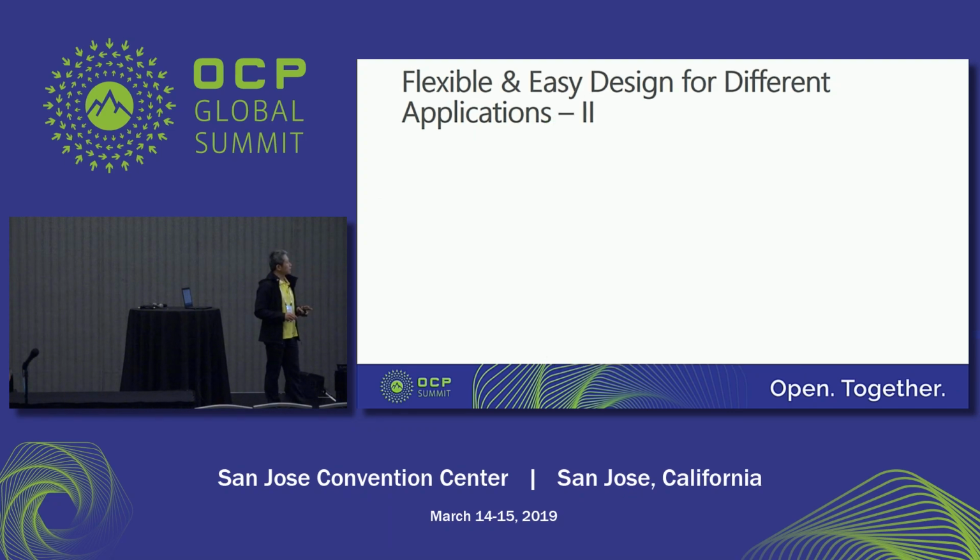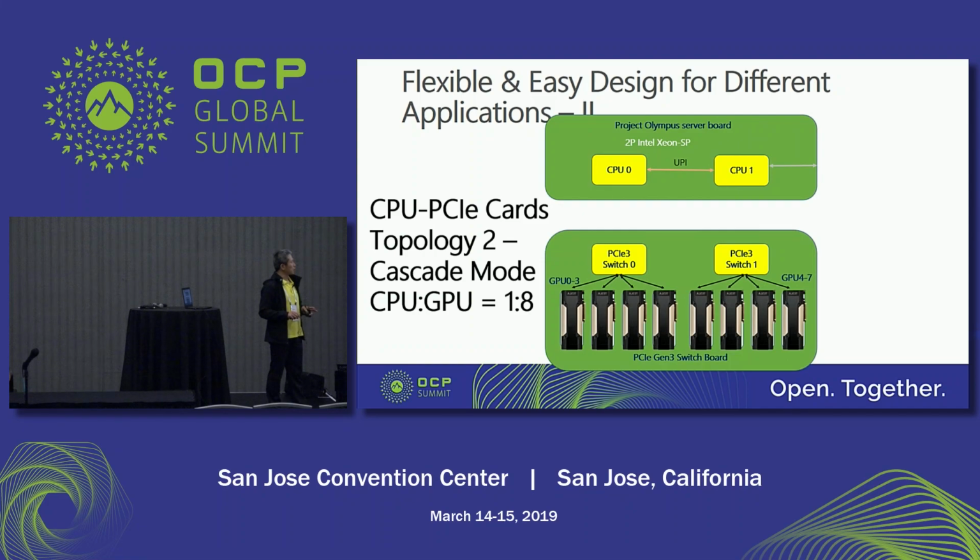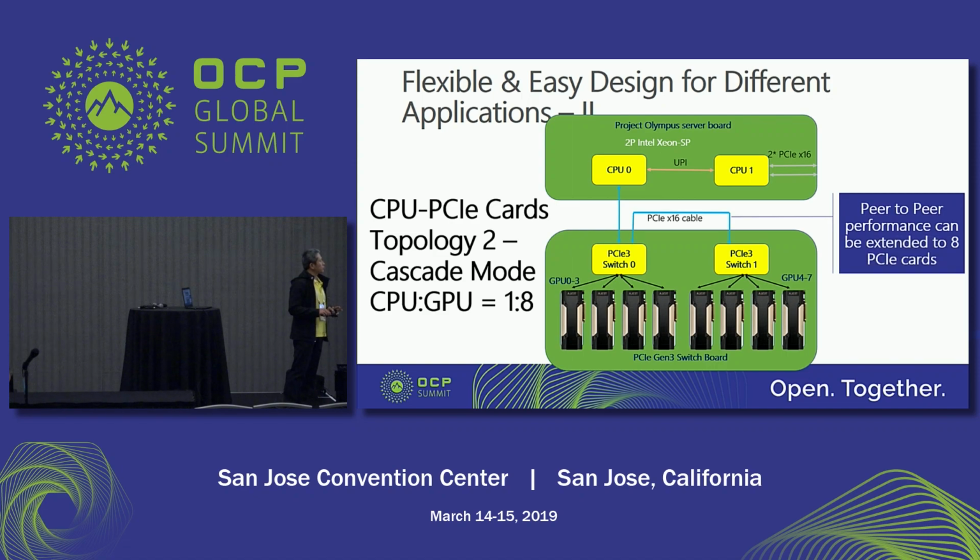Next is another topology that we call the cascade mode. Under this mode, the CPU to GPU ratio will be 1:8, which means that CPU 0 will connect to all GPUs via the link of 2 PCIe switch ICs.